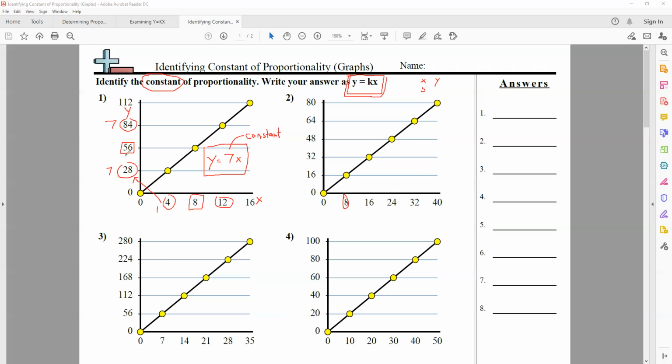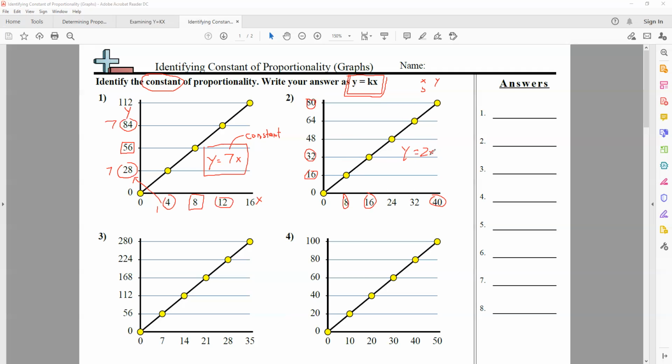Okay, let's do number 2. That one would be y equals 2x. Make sure you double check a few more. 16 to 32, that's also double, right? I'm not going to do all of them, but if you look at 40 and 80, that's also double. So yes, y equals 2x.